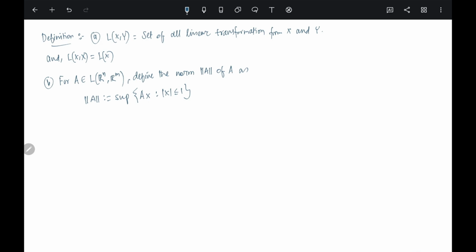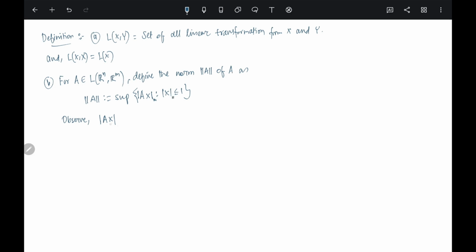Okay, right, and we can also observe, sorry, one thing, I have to put a norm here, otherwise the norm won't be defined. So it is the supremum of the norm of Ax. A of x is in Rm, so this is the norm in Rm, and x is in Rn, so this is the norm in Rn.